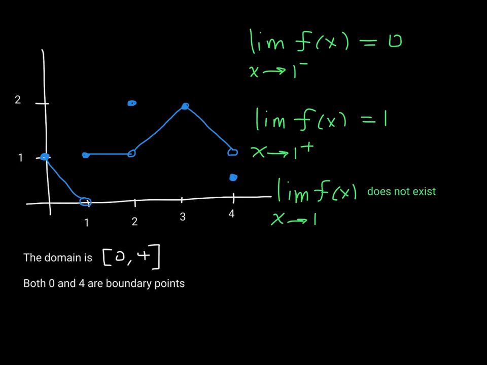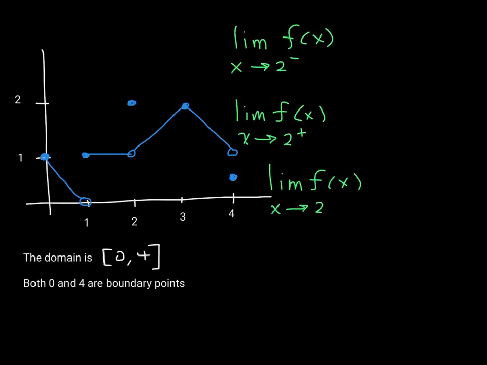All right, very good. Now let's go to another interior point, namely 2. Let's consider the limit of our function as x approaches 2 from the left. X values are approaching 2 from the left, and your function values are approaching 1.